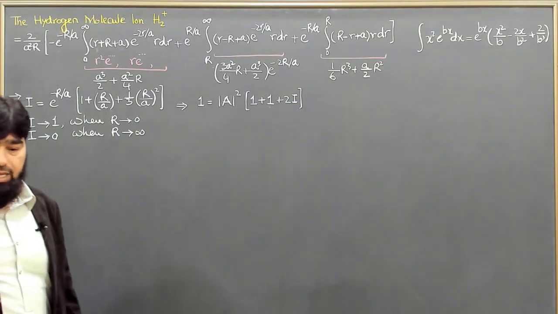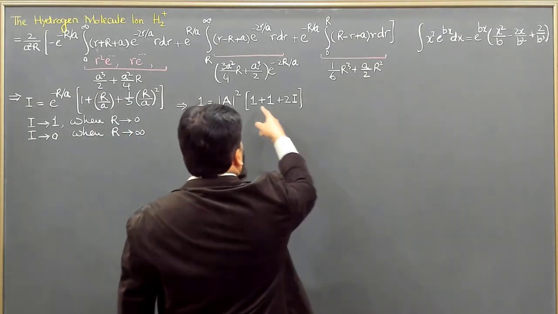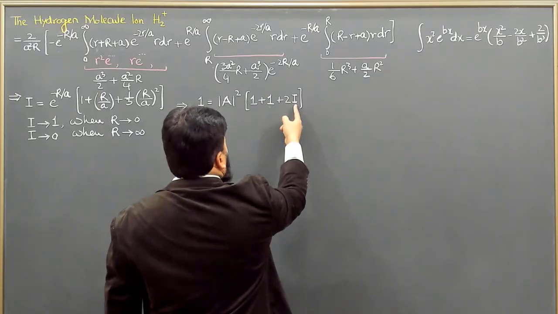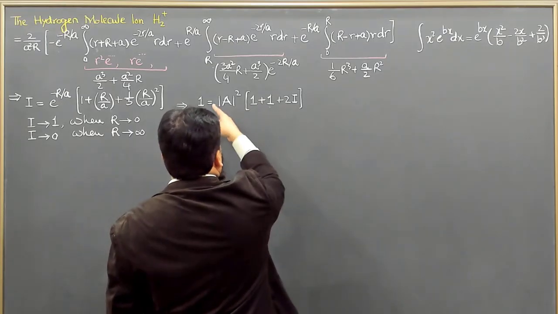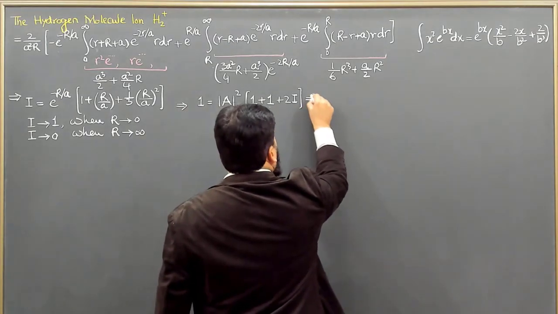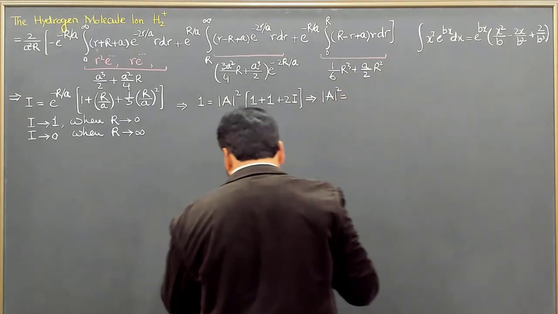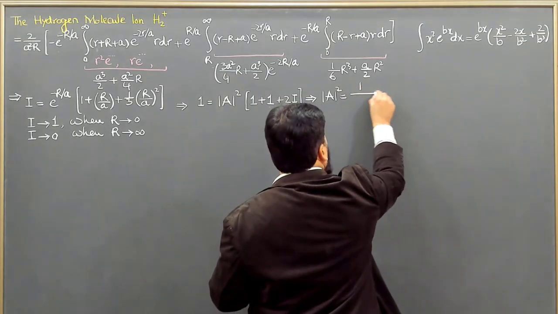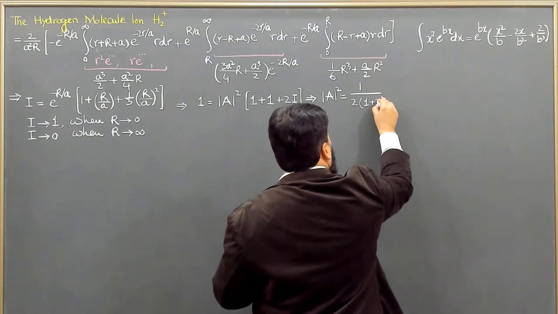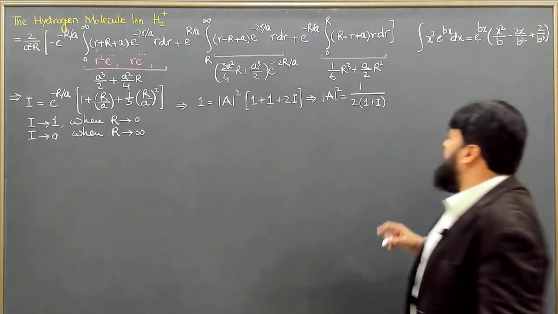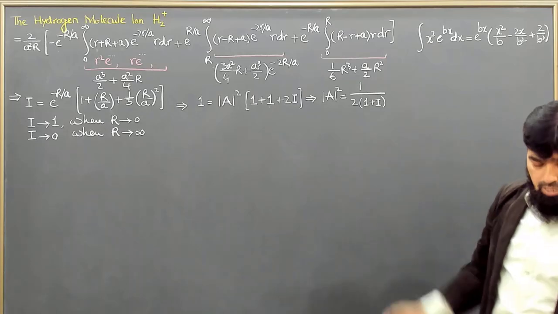So from here I can find out the normalization constant. Now what will it be? 2 plus 2I. So you take 2 common, then you have 1 plus I with this 2 here. So I can write that A mod square is equal to 1 over 2 times (1 plus I). So this is the normalization constant in terms of the overlap integral I.